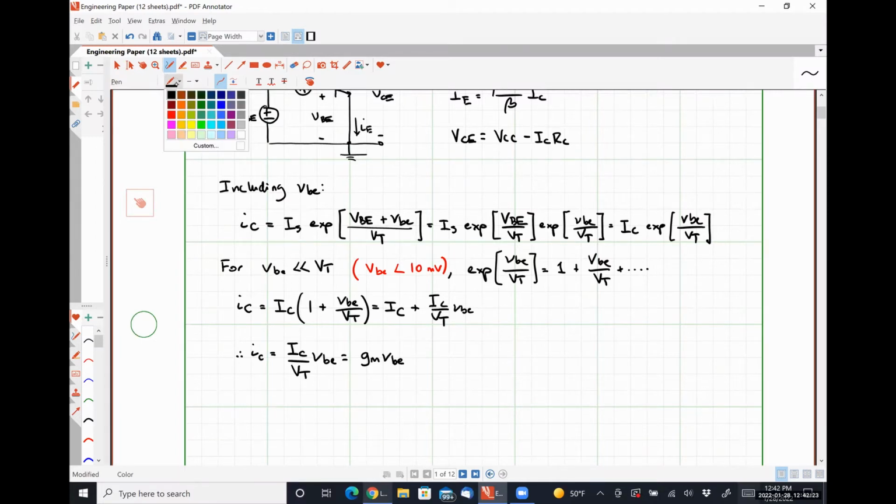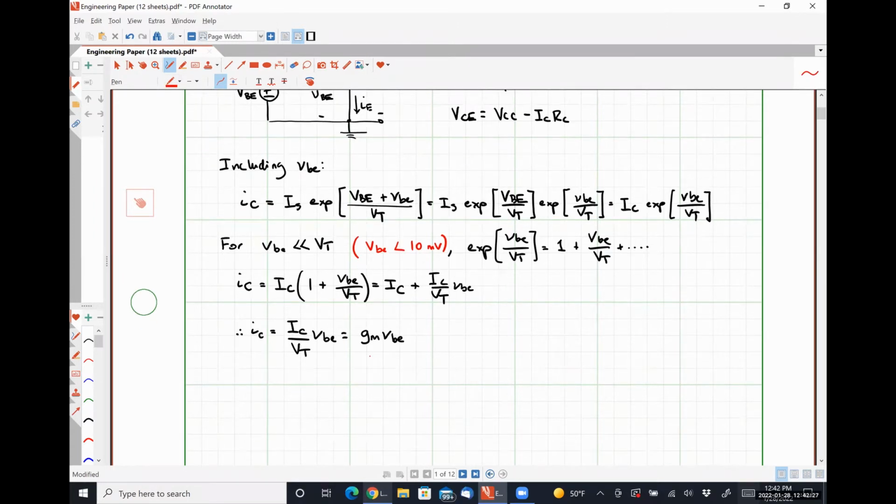This quantity gm is what's known as the transconductance, in this case given by IC over VT.